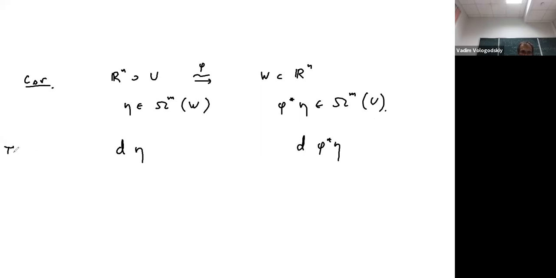So I claim that the following property holds: phi upper star of d eta equals d of phi upper star eta. Why is that? Proof.